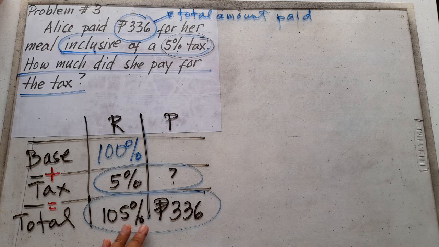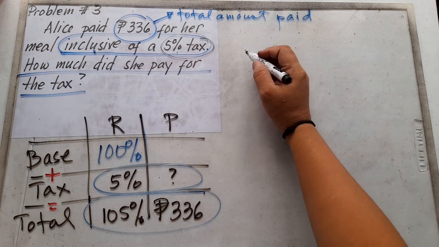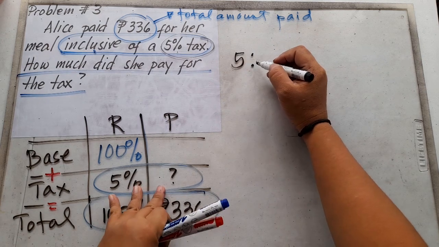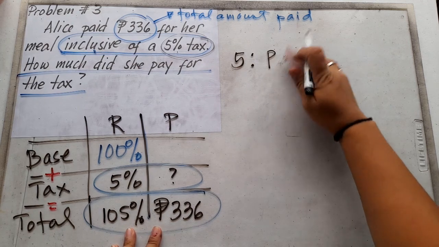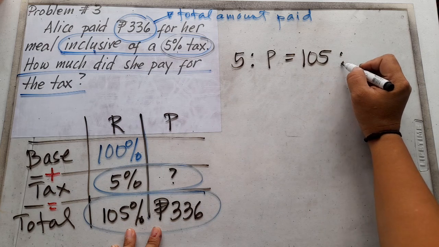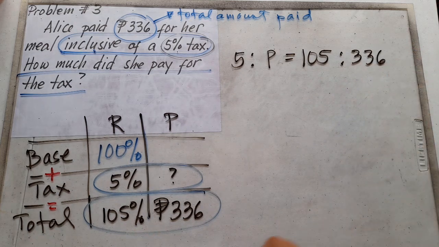Okay? So, ito ang magagamit natin. Let's move on now to our computation. That's 5 is to P equals 105 is to 336.